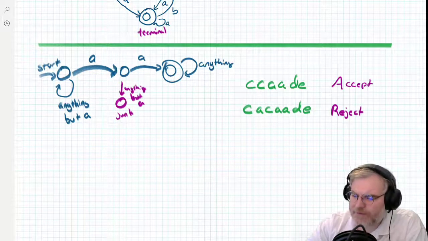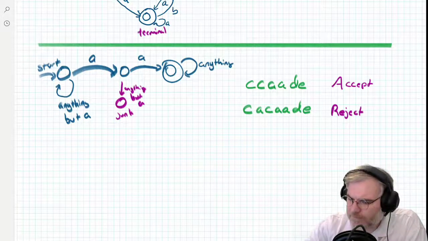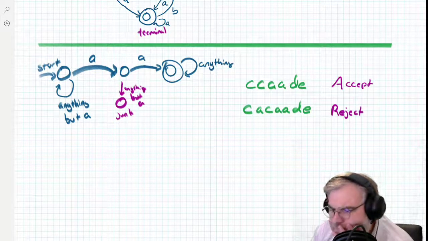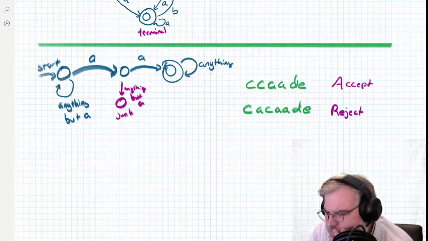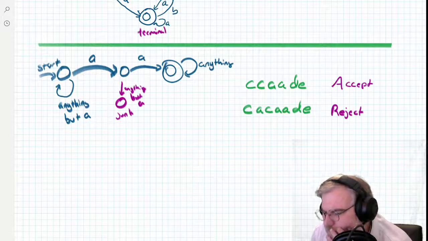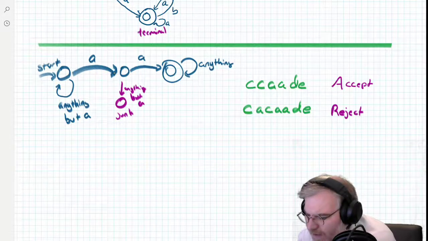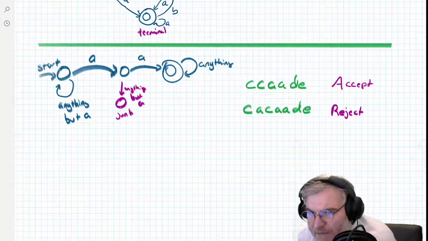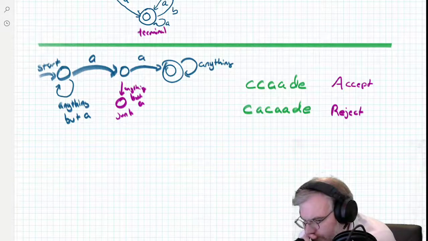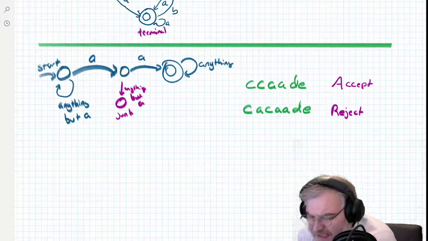Verbally describe what this thing would accept. The reject is because I wound up going down C, then I took an A, and then I took a C. And because I took a C, I wound up here at reject.